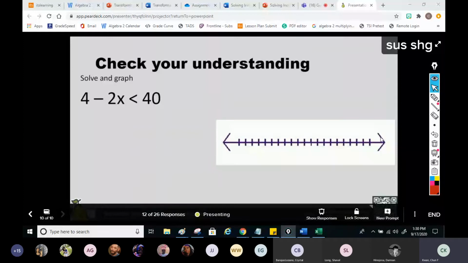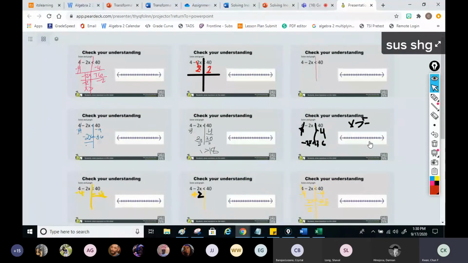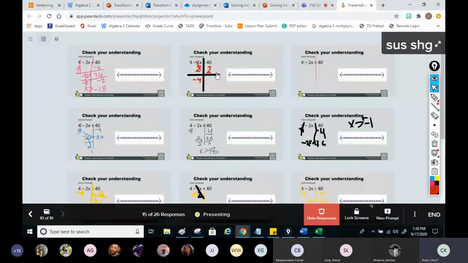Okay, so let's keep going. I'm looking at you guys' work. Okay, I don't want to call names, but one of you guys is trying to get rid of the 2 first before the 4.